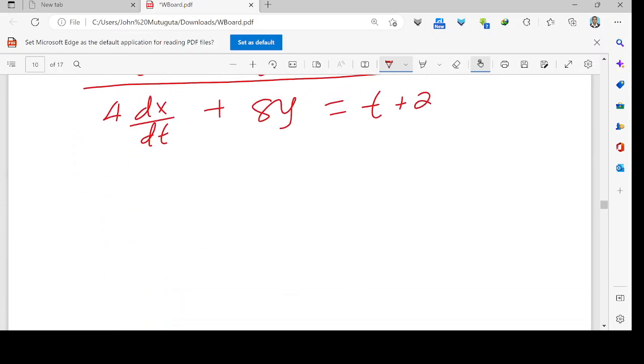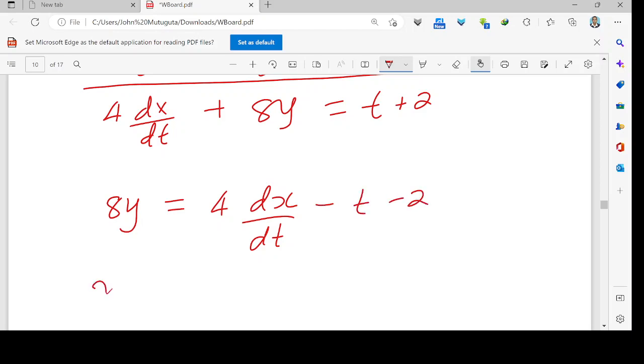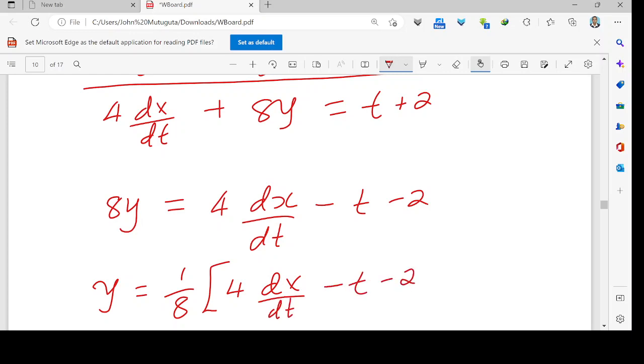Then from here I make 8y the subject, so this becomes 4 dx by dt minus t minus 2, and therefore y is equal to 1 all over 8 into 4 dx by dt minus t minus 2.